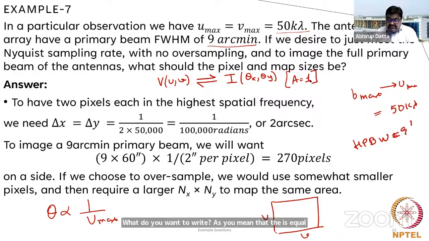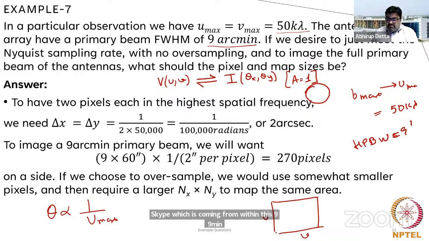It's a special case. A is equal to 1, but A has a finite size given by the half power beamwidth. So we will only consider that portion of the sky which is coming from within this 9 arc minute section of the sky around the center.